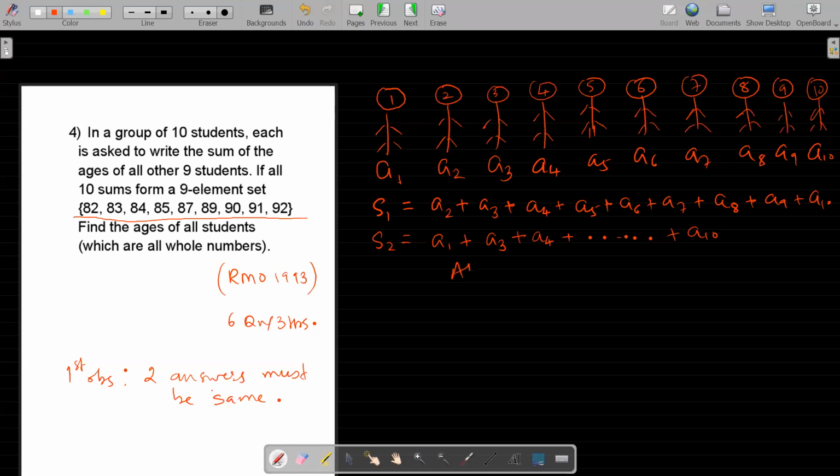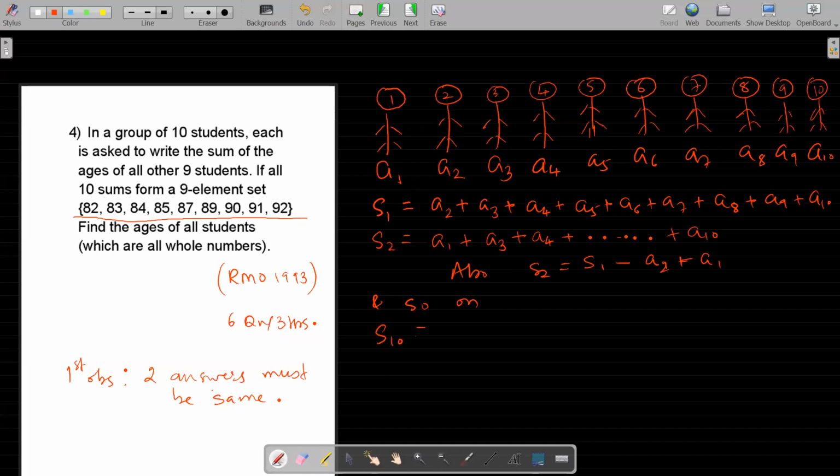Also, S2 is S1 minus A2 plus A1. So you remove A2 and add A1, right? And so on. Up to S10.